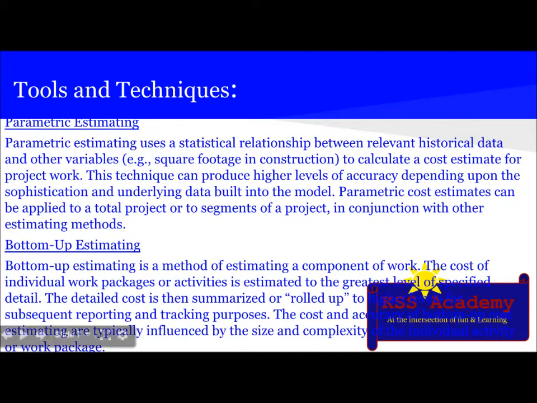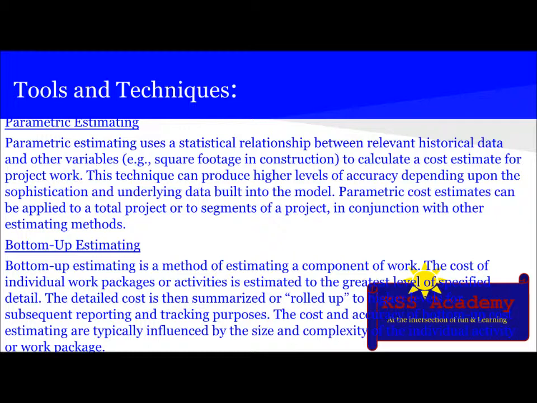Then there is parametric estimating, which uses a statistical relationship between relevant historical data and other variables, for example square footage in construction, to calculate the cost estimate for the project work.